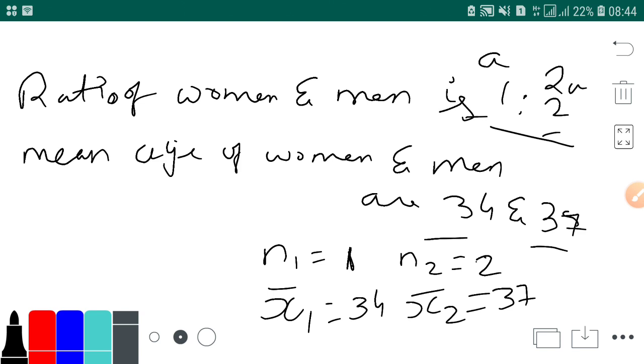You will get the same answer because you are taking the exact same proportion. You cannot take any digit other than this proportion. If you take n1 as 4, then you should take n2 as 8. Here, to make it very simple, we are taking n1 as 1 and n2 as 2. So there should be no doubt.